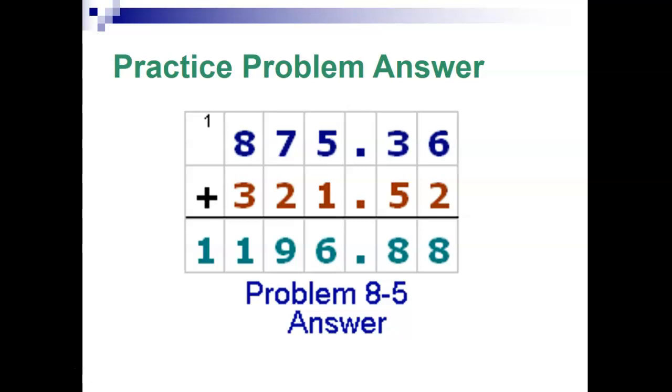Well, I can see where that might happen if you forget to track your number over. Working with decimals, it's very easy to misplace your numbers. It happens all the time. So for most of this particular problem, you just drug everything down. 6 and 2 is 8, 5 and 3 is 8, 5 and 1 is 6, 7 and 2 is 9.